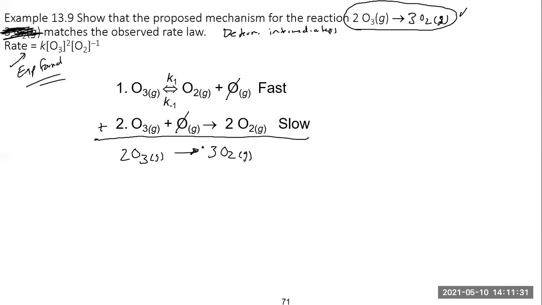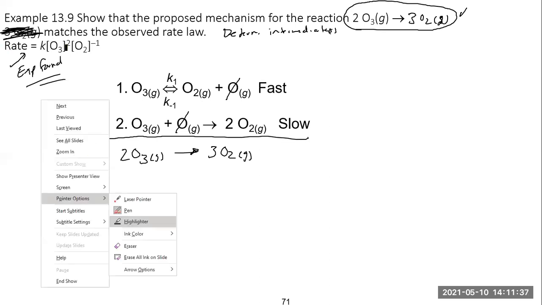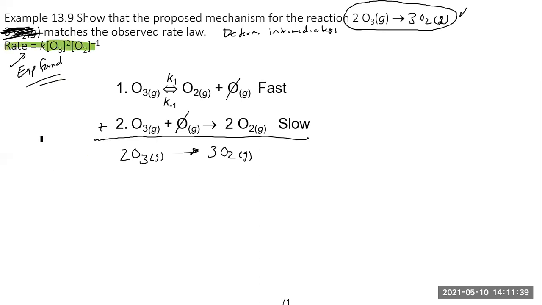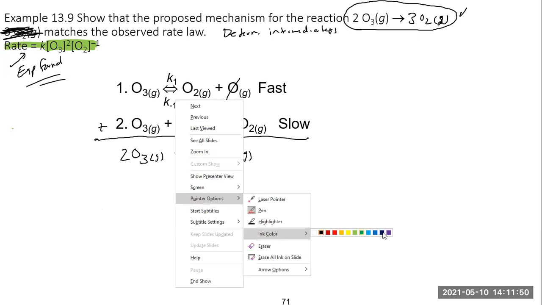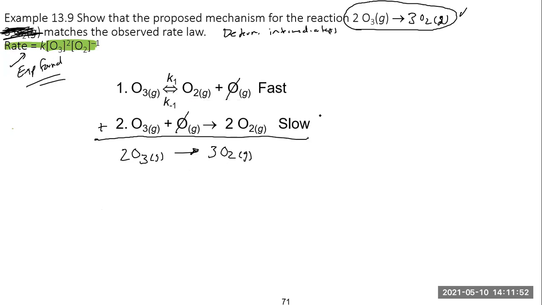So the next thing that we need to determine is, does the experimental rate law that was given to us here in the problem match the rate law for the slow step, or the rate determining step? In this case, they obviously gave us the fast and slow indications next to it. So without much thought, we should know that this should be our rate determining step, as it's marked the slow step in the mechanism.